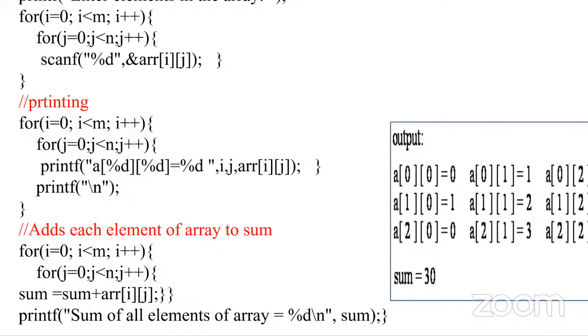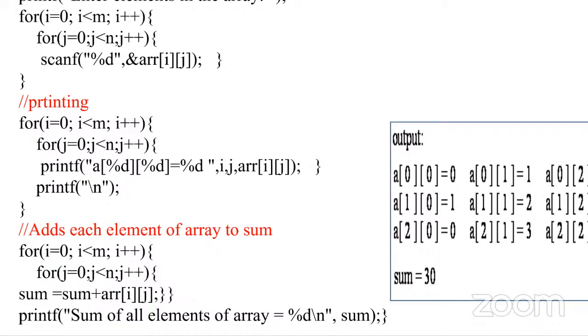Similarly, again, where will it go? It will go to the increment operation j plus plus. The j value becomes 2. Is 2 less than 4?